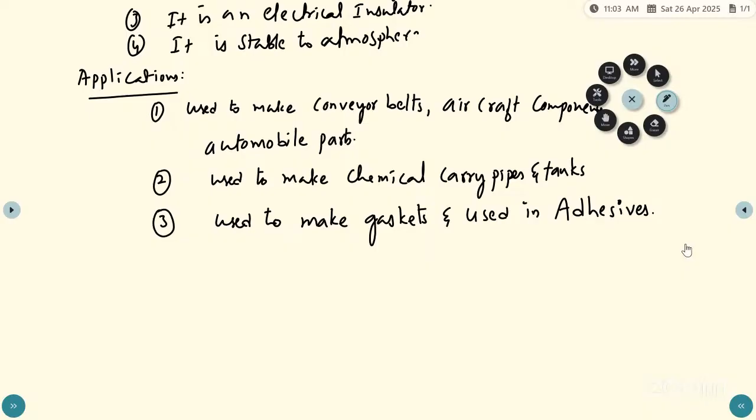Okay, what is vulcanization? Vulcanization is the process of heating rubber with sulfur or sulfur compounds.